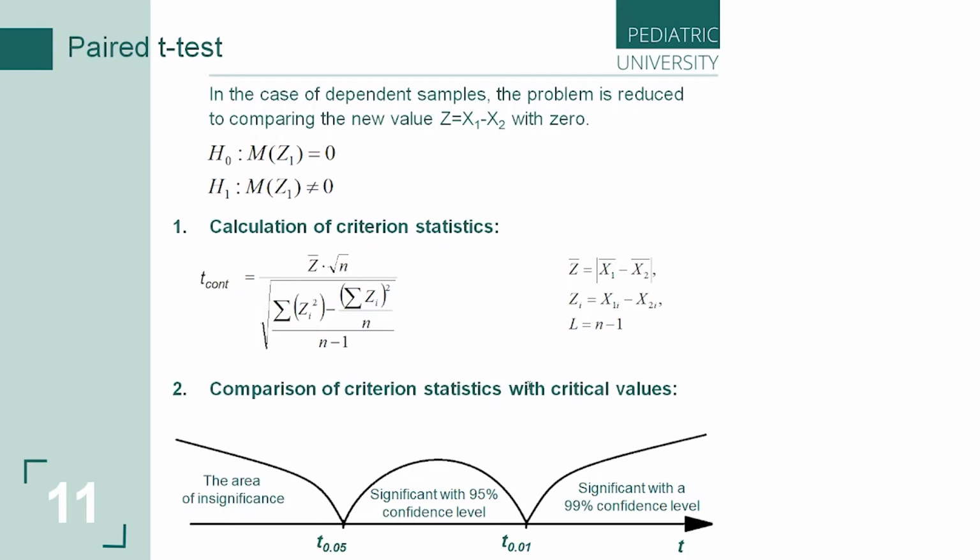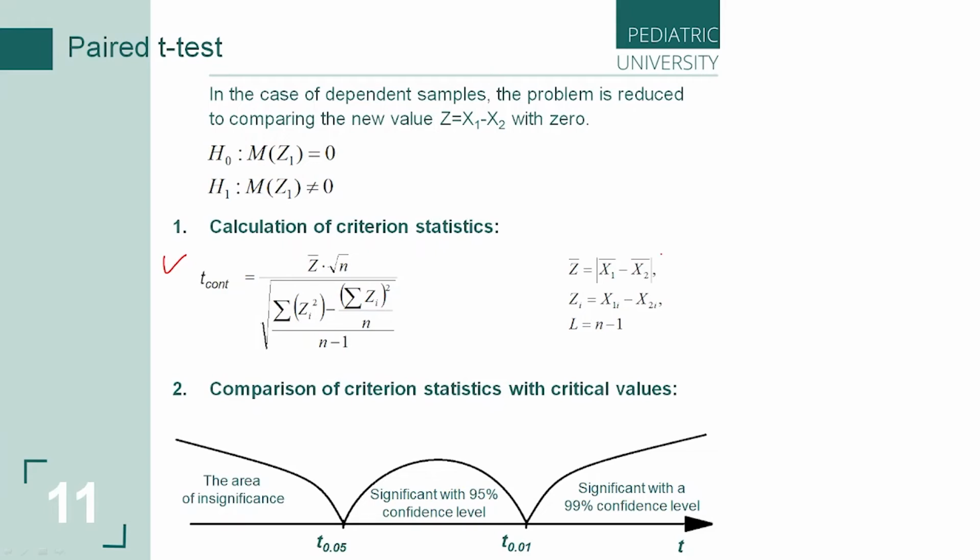So, the control value will be calculated using the formula on the slide, where z with a dash is the modulus of what? The difference between average values.